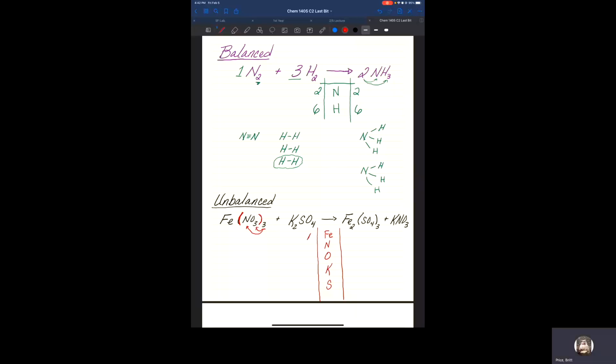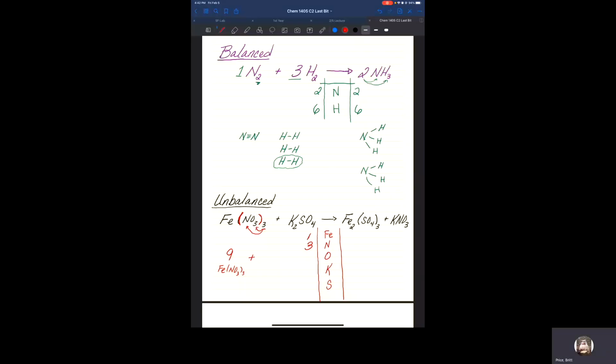I'm going to take the 3 outside the parentheses and I'm going to distribute it through. So I have 3 nitrogens, and I'm going to put off to the side here my oxygen count. I have 9 of them from that Fe(NO3)3. And the reason why I'm putting it off to the side is because of the potassium sulfate, the K2SO4. There's oxygens there. So I have them in 2 compounds.